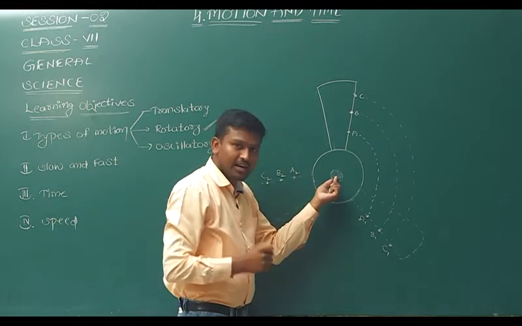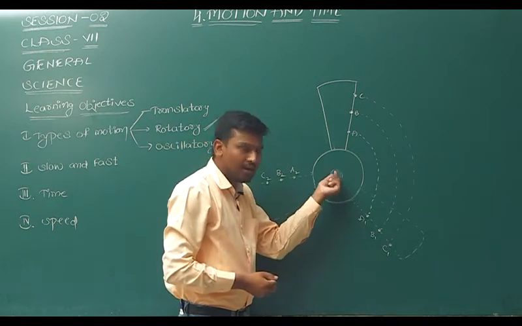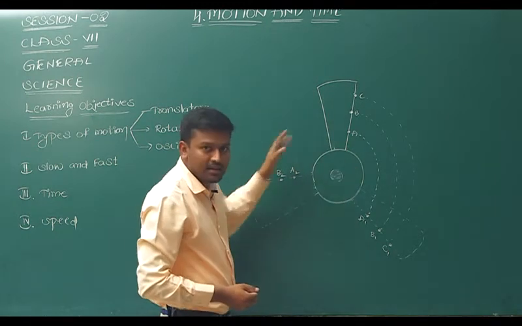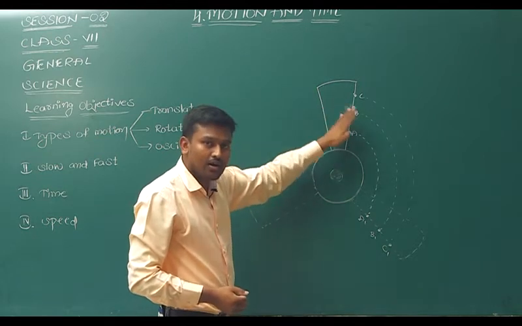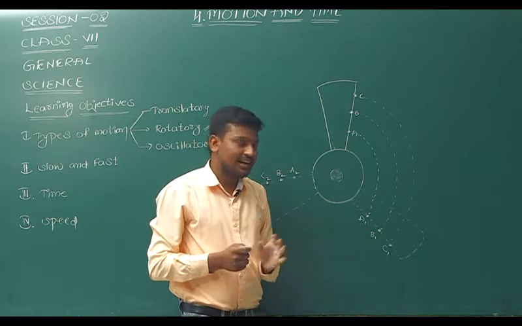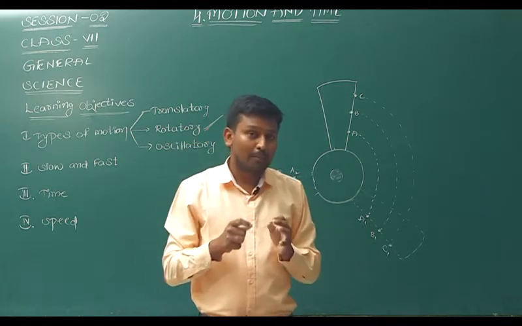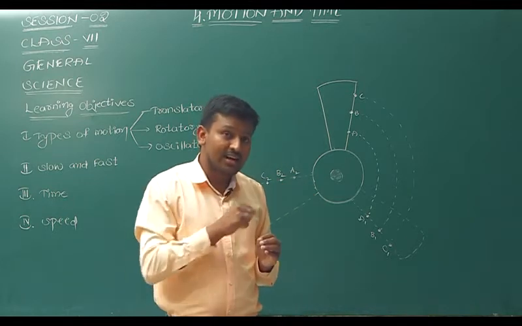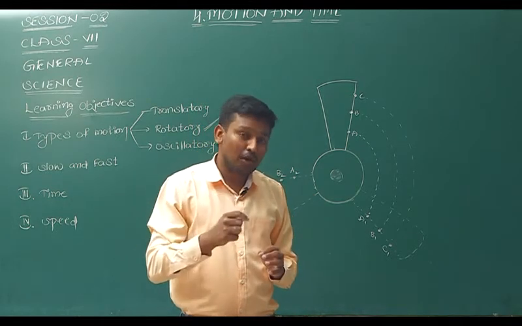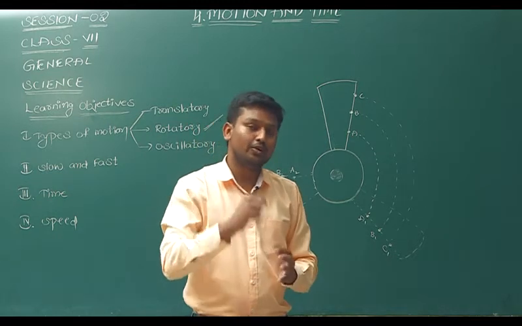We can consider it as the center of the circle. Around the fixed point, the particles of the blade are rotating in a circular path. So we can say the object is in rotatory motion. If all particles of a body are rotating in a circular path around a fixed point or axis of rotation, then that object is said to be in rotatory motion.